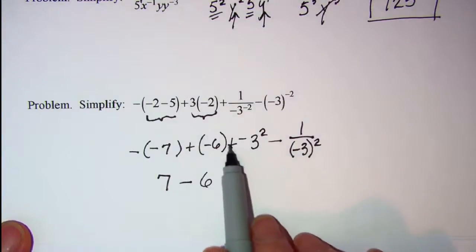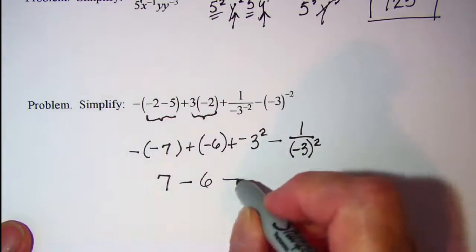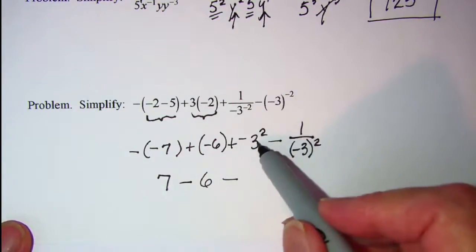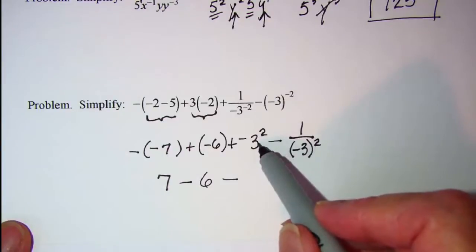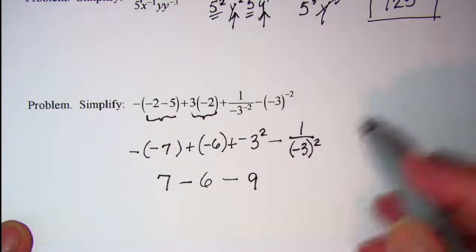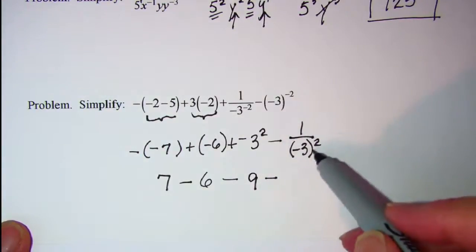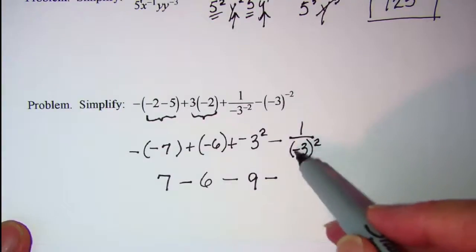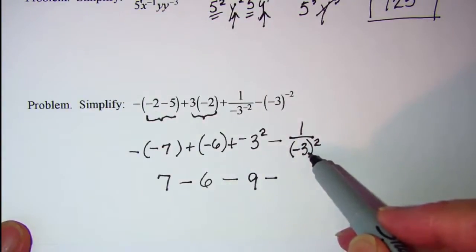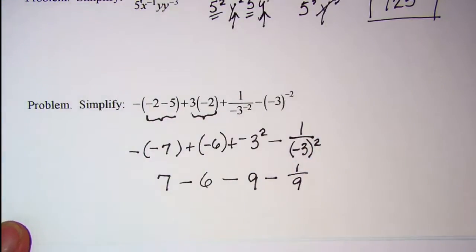So again, here I have plus and minus, so I can write minus, and that negative is not with the 3. It's only the 3 that's being squared, so we have a 9 there. And then this minus I'll copy, and here I'm squaring the negative 3. So negative 3 times negative 3 is 9. So this is 1/9.